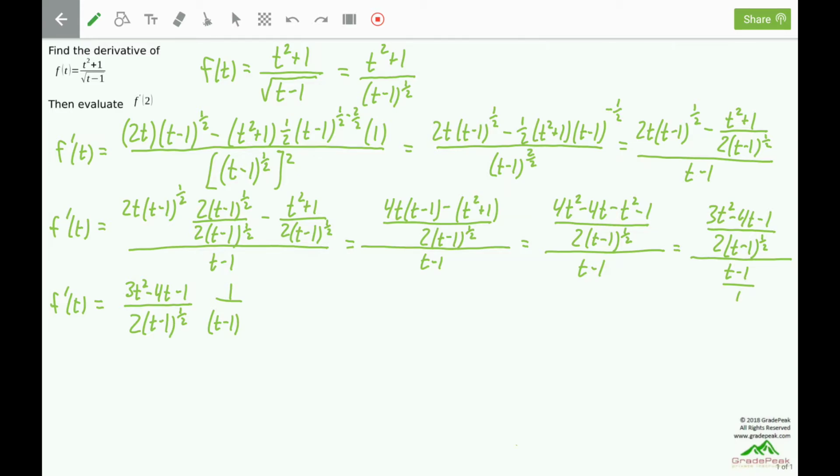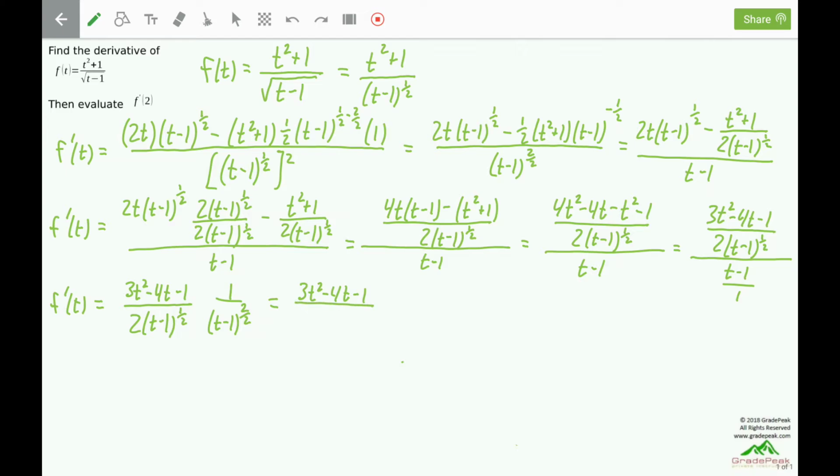Now I'm multiplying these t minus 1's that are in the denominator, in which case you add their exponents. Now the exponent of the t minus 1 here is a 1, but what we can do is call it a 2/2, so it has a common denominator, so we can add those exponents. Now up in the numerator we're going to multiply these with each other, but this is multiplying a 1, so it'll just be 3t squared minus 4t minus 1.